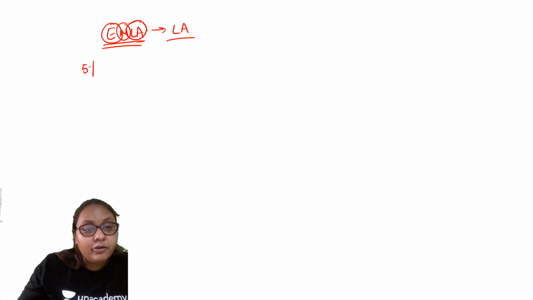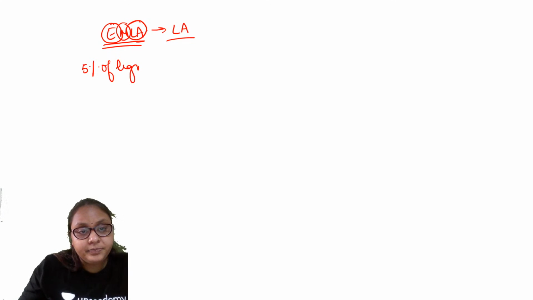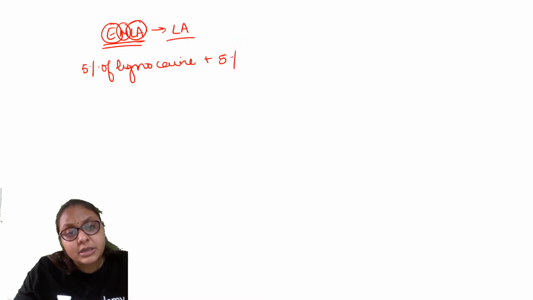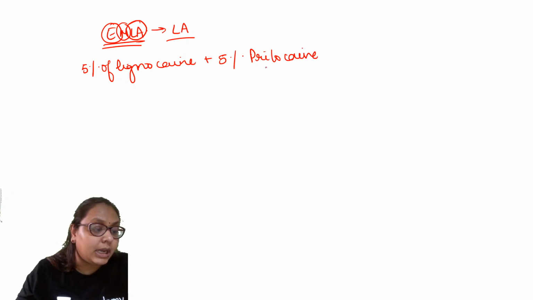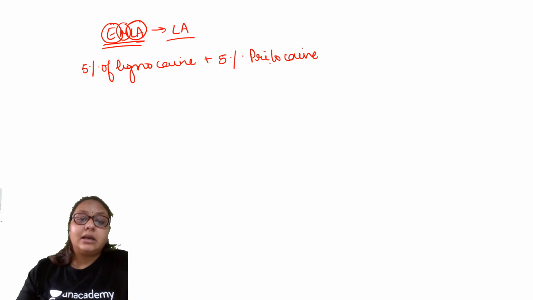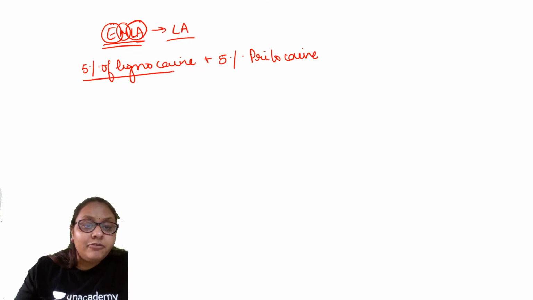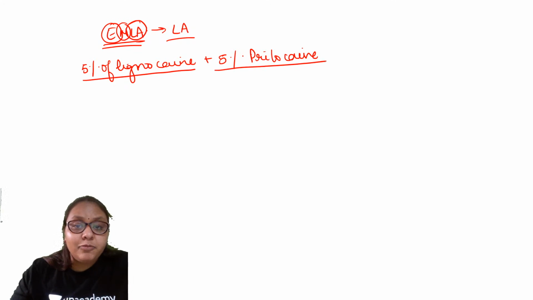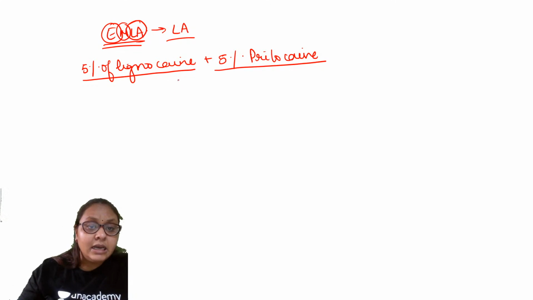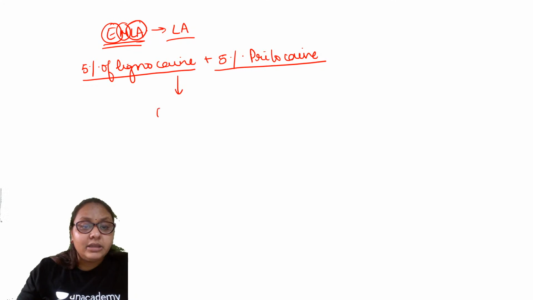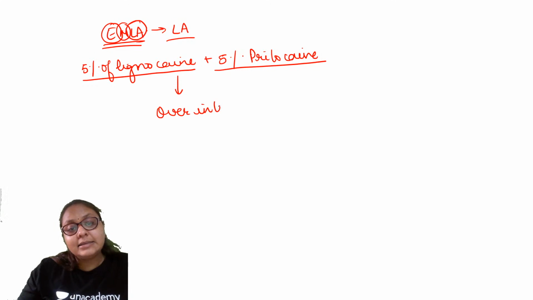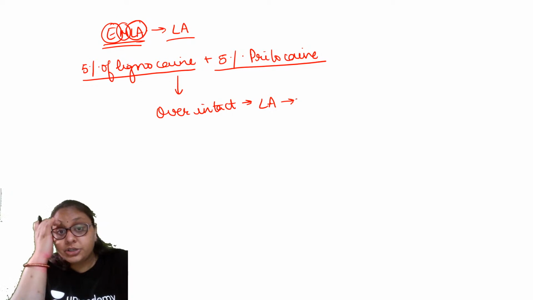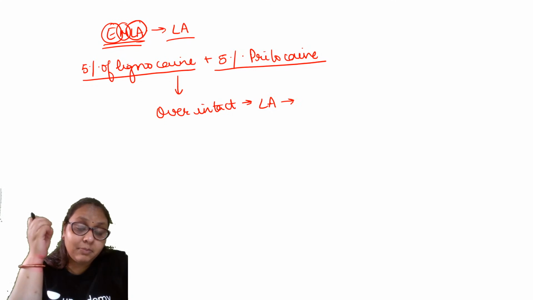In this, there is 5% of lignocaine plus 5% of prilocaine. Remember, don't get confused with procaine. I have told you many times in the class, when this is applied over the intact skin, there is local anesthesia, and therefore insertion of the cannula becomes painless.